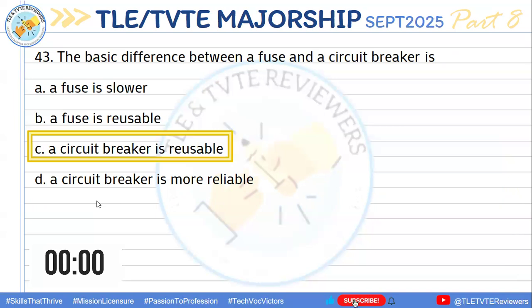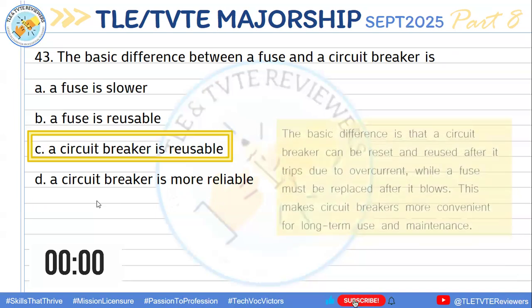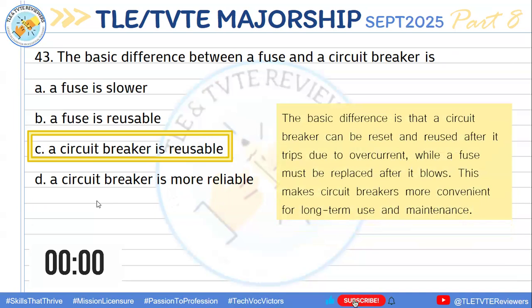Answer letter C, a circuit breaker is reusable. So the basic difference is that a circuit breaker can be reset and reused after it trips due to overcurrent, while a fuse must be replaced after it blows. This makes circuit breakers more convenient for long-term use and maintenance.